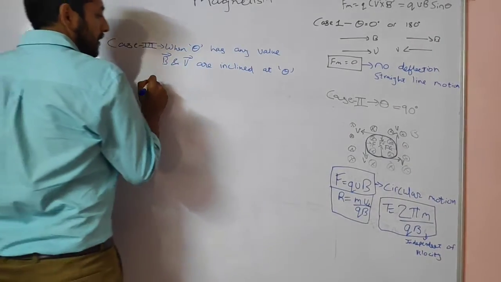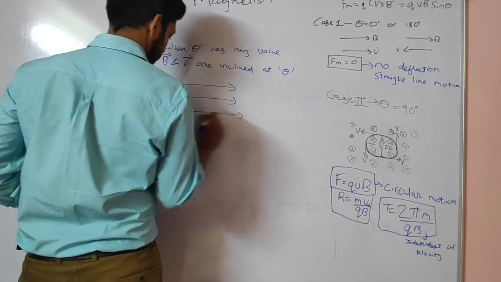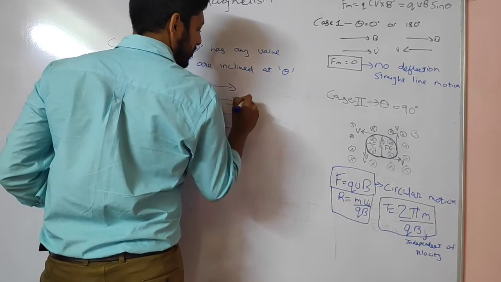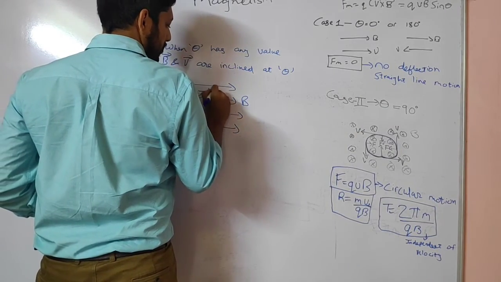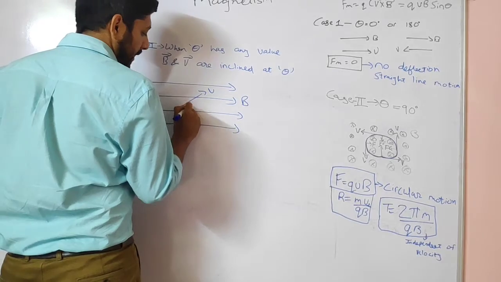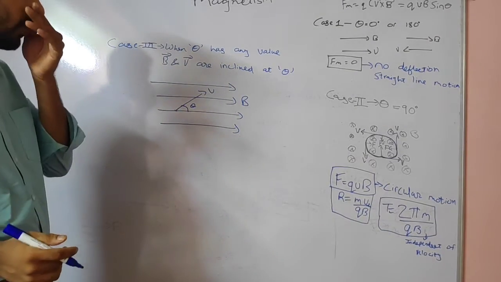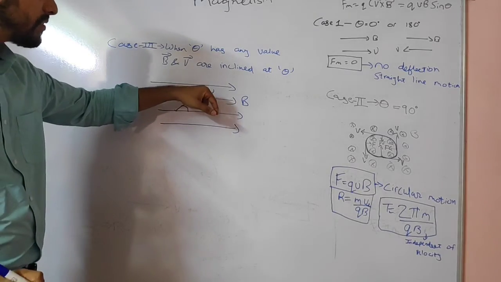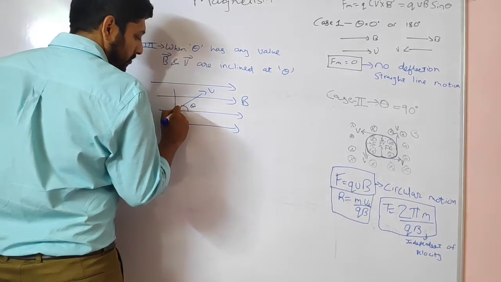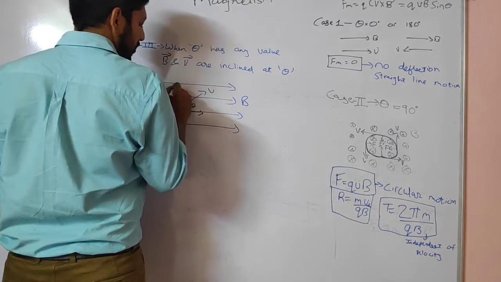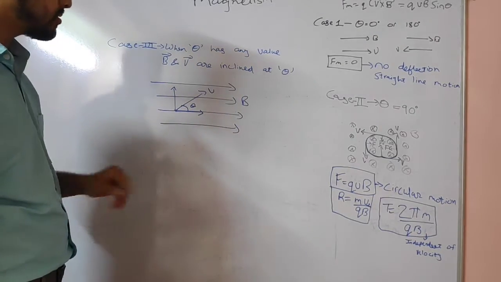Suppose the magnetic field is in this direction, and suppose this is the velocity, and the angle between them is theta. Can we divide this velocity into two vectors, one in this direction and one in this direction? We have divided it into parallel and perpendicular components.